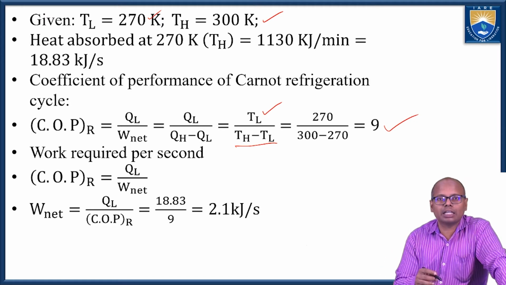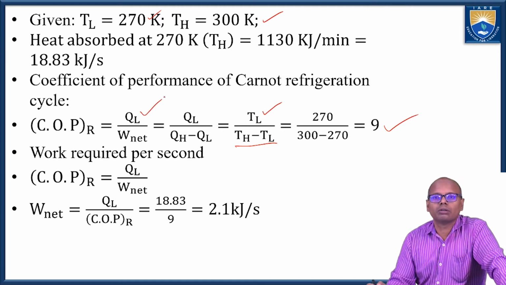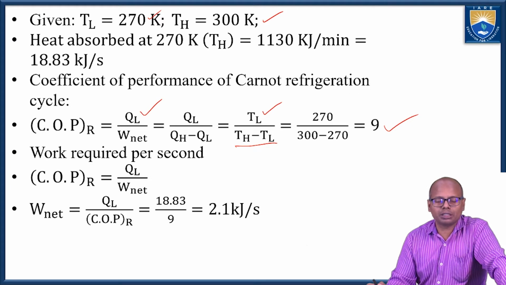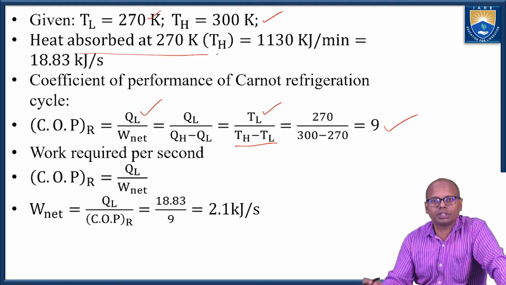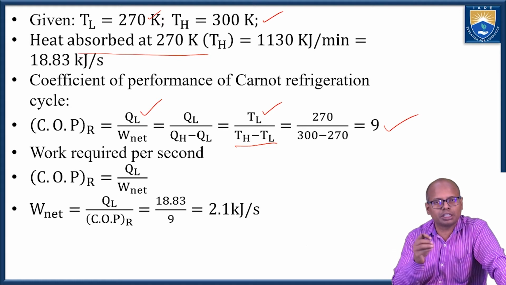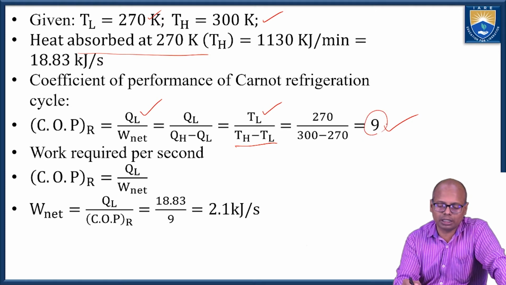Now what is the second bit? What is the work required per second? This we know because the heat absorbed from the lower temperature is given. So the heat absorbed from the lower temperature, QL, and W net ratio, that is also equal to COP, and COP, already we have calculated, is 9.